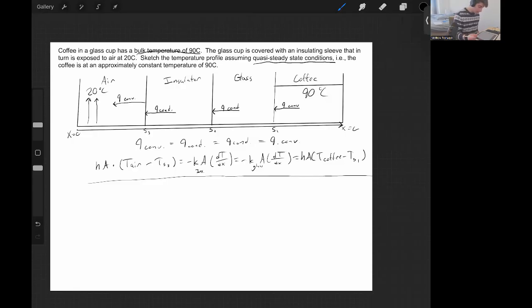Well, this actually is a lot more common sense than anything, because if we make a little heat profile chart as such, let's say this is air, this is the insulator, this is the glass, and this is the coffee. I'm just going to lightly make these lines to help make a visual guide for us.